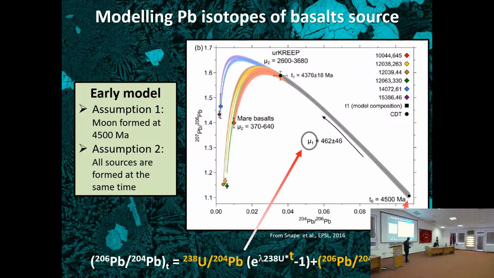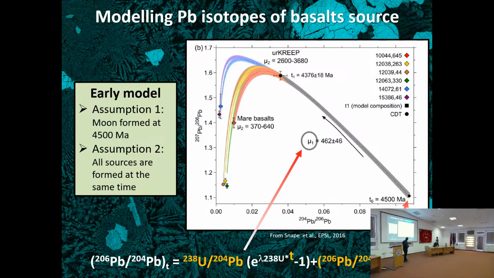Again, it's a 206/204 versus 207/204 plot. And you see these curves. Each point represents an isotopic composition at a given time. So here you have the isotopic evolution of an undifferentiated lunar mantle, the LMO before crystallization, starting with the formation of the moon.